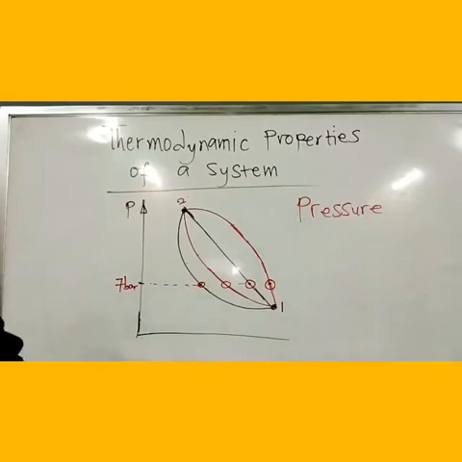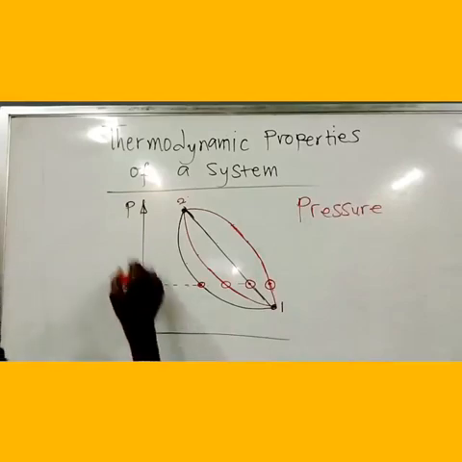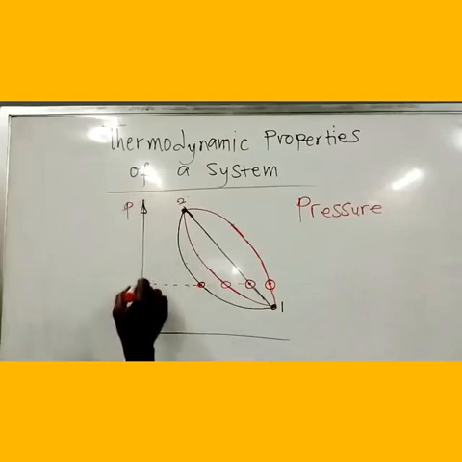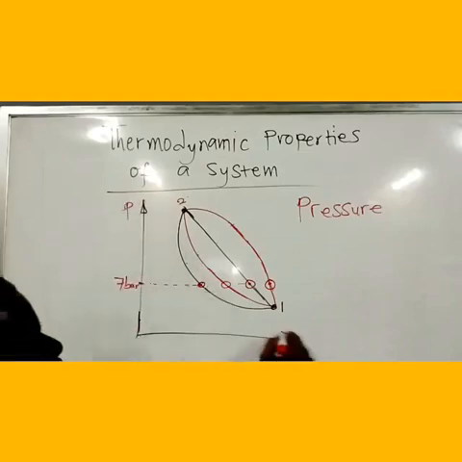Let's say we have pressure on the vertical axis, 7 bar, and we have volume on the horizontal axis.